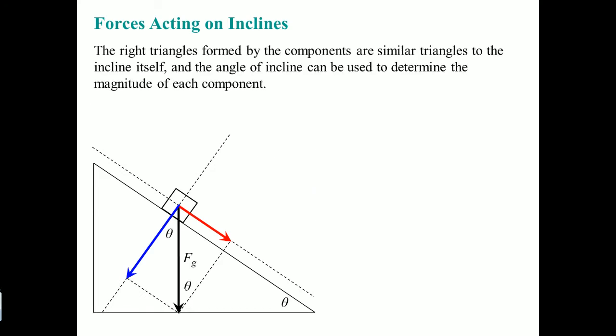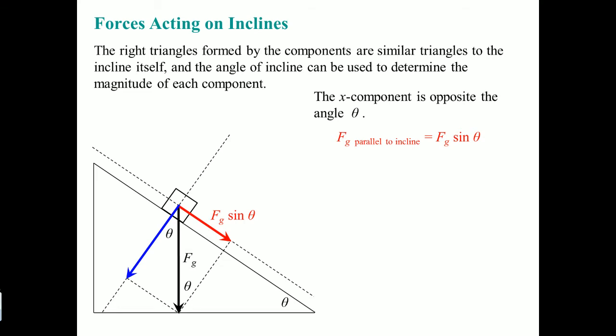This is theta. This is the angle in and of itself because it comes from alternate interior angles. The right triangle formed by the components is similar to the incline itself, and the angles of the incline can be used to determine the magnitude of each component. The component parallel to the surface would be Fg sine theta.